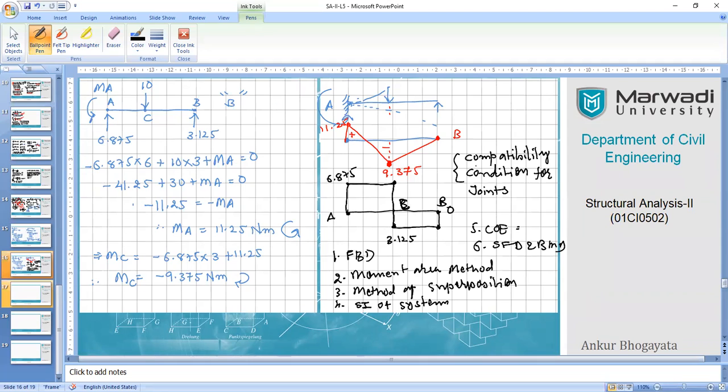Because please understand, compatibility is primarily for joints. So every joint should be fulfilling this compatibility requirement. What was the compatibility requirement for joint B for us? It was this: YB plus VB times small bb should be 0. That means there should not be any vertical deflection at point B.